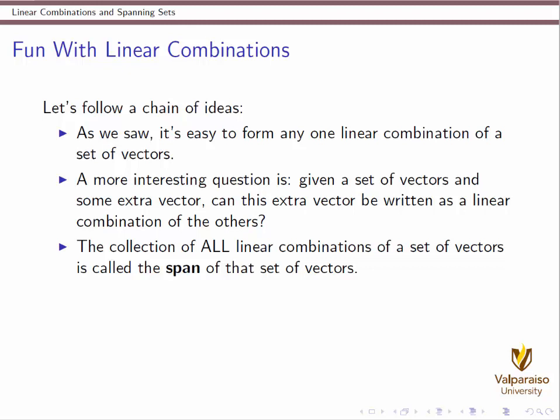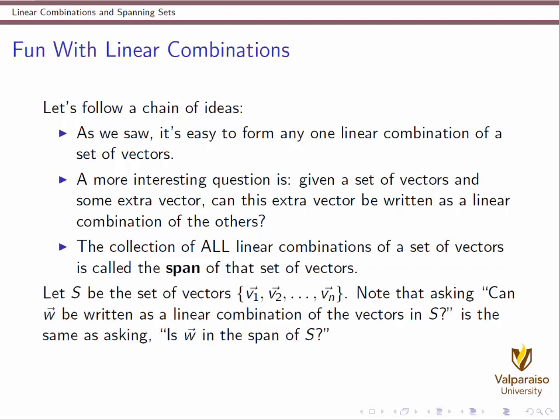If you find all of the linear combinations you can make from a set of vectors, of course there will be infinitely many, but the collection of all of them is what we call the span of those vectors. And these two things are directly linked. So asking the question, can some vector W be written as a linear combination of a bunch of other vectors? That's the same thing as asking, is W in the span of these vectors? So if you see either one of those questions, they mean the same thing.